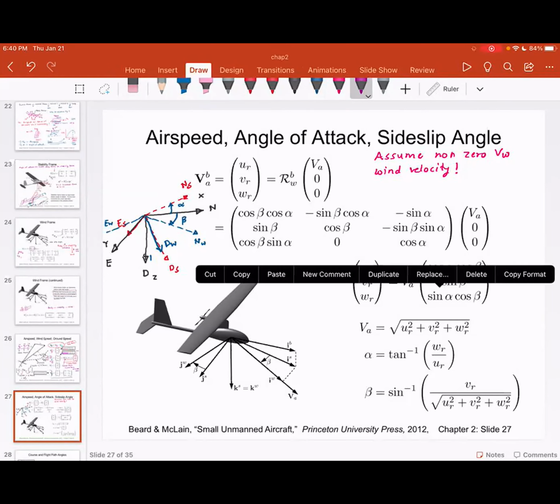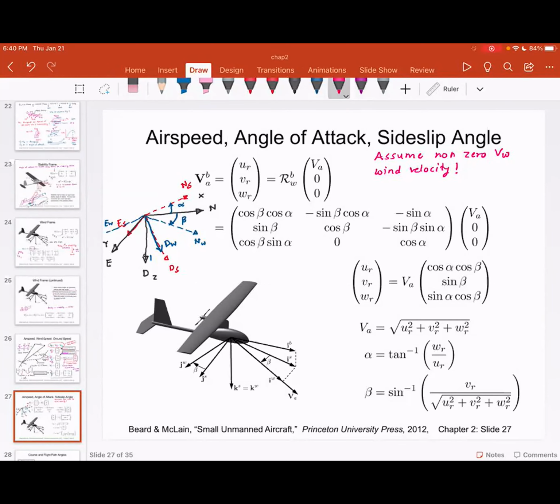So if you look at the wind frame, and this is super duper important, this is nothing but VA. The reason you have VA aligned with the north frame is because you have a wind velocity VW, and that is why you have VA.